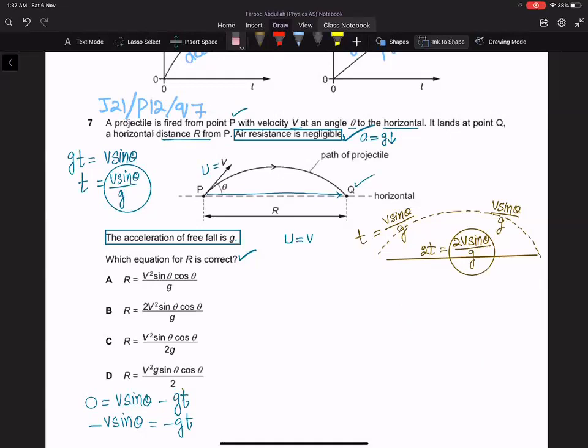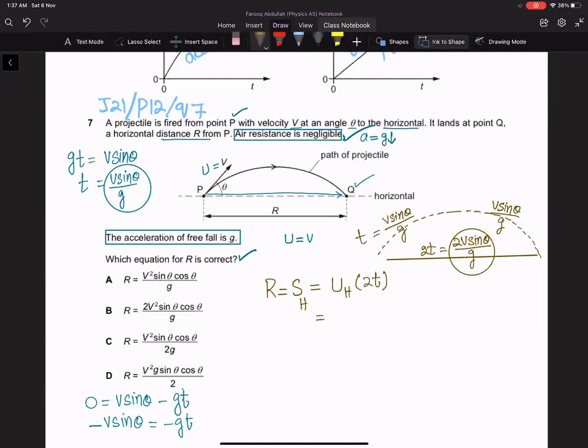Now, if we want to calculate the range of the projectile, the range is basically the horizontal displacement. We can say that S horizontal will be equal to u horizontal into the time of flight, 2t.